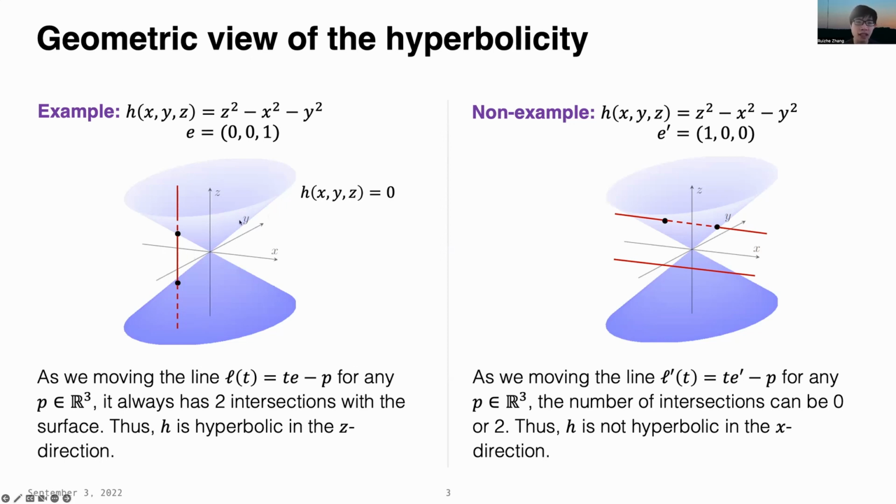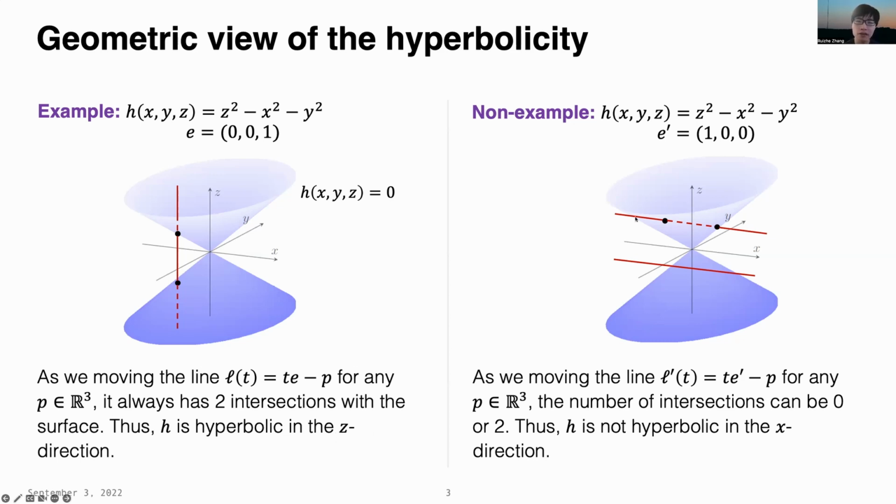As we move the line for different p, we can see that it always has 2 intersection points with the surface. Since h is a degree 2 polynomial, we know that h(te minus p) has only real roots, and thus h is hyperbolic in the z direction.